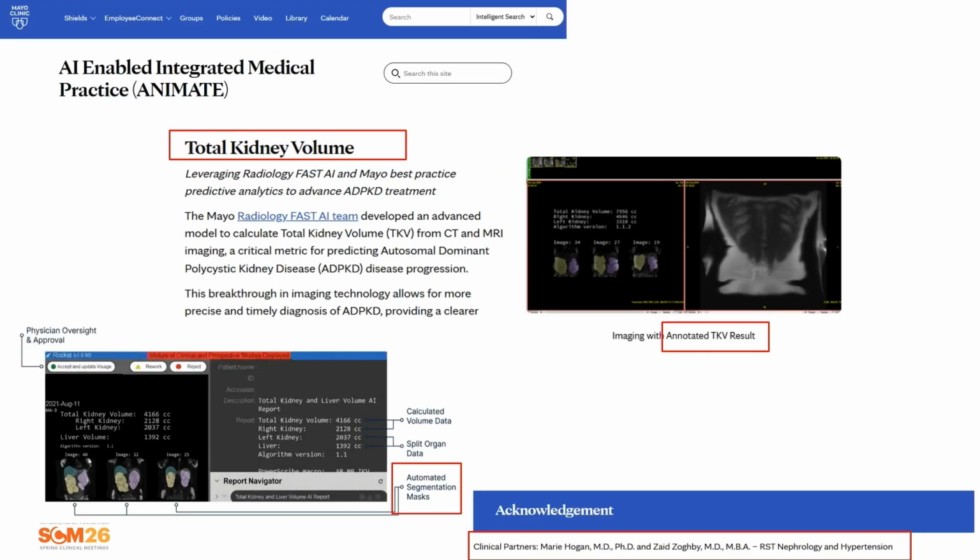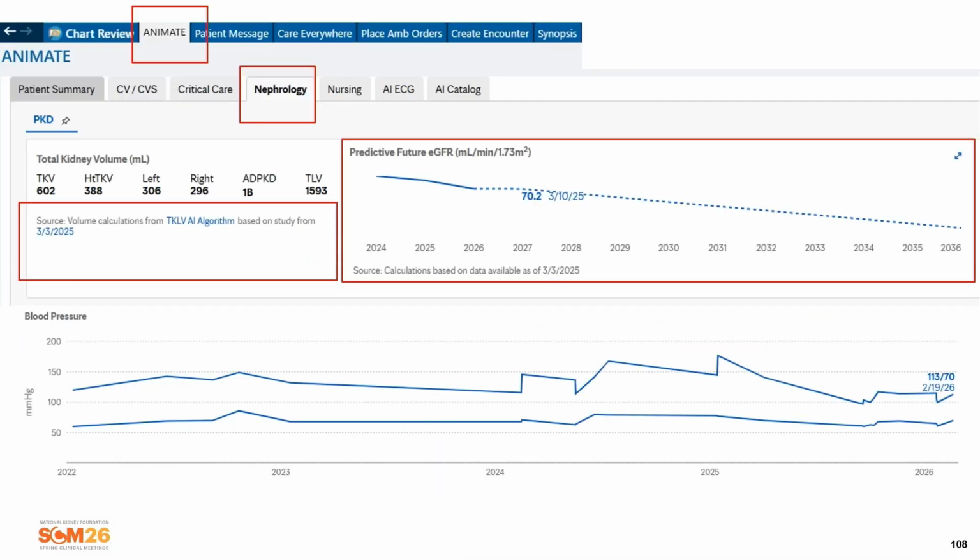So total kidney volume for patients with polycystic kidney disease is now quantified by AI as well. AI looks at the polycystic kidney disease and quantifies the size of total kidney volume.